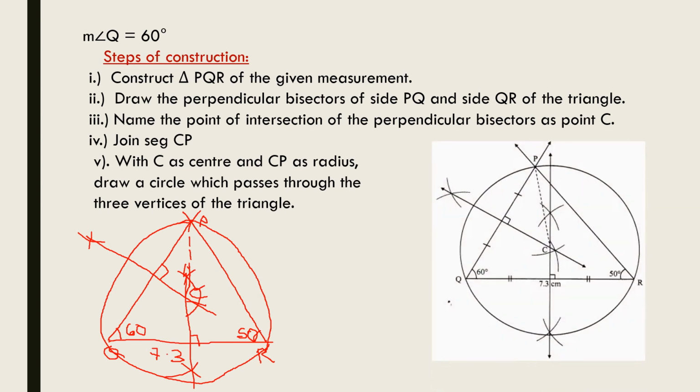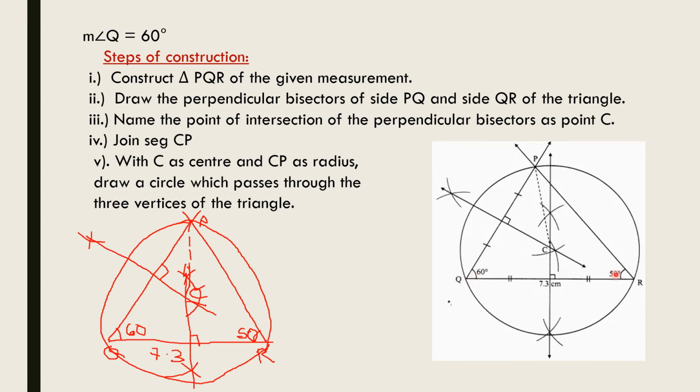First construct the triangle PQR, where QR is equal to 7.3 centimeter, angle Q is equal to 60 degree, angle R is equal to 50 degree.